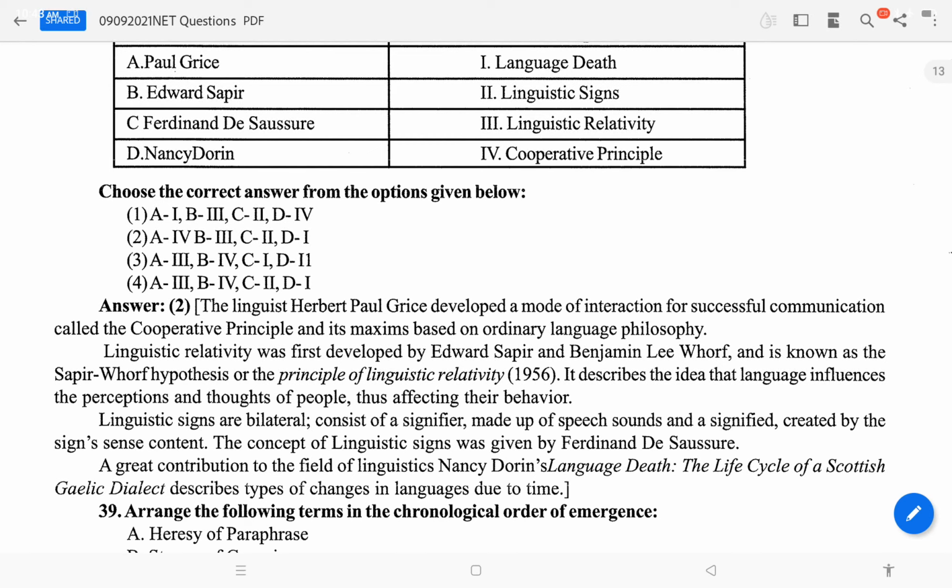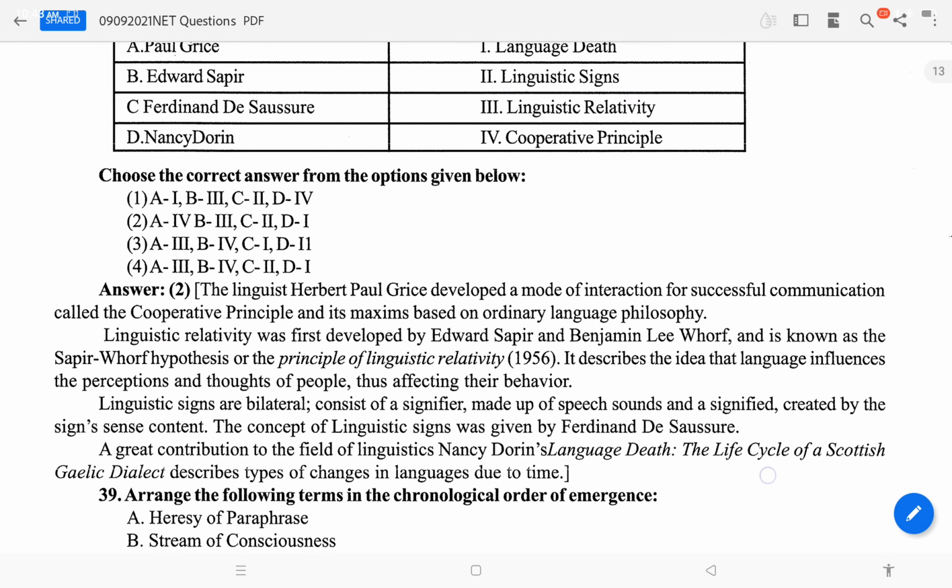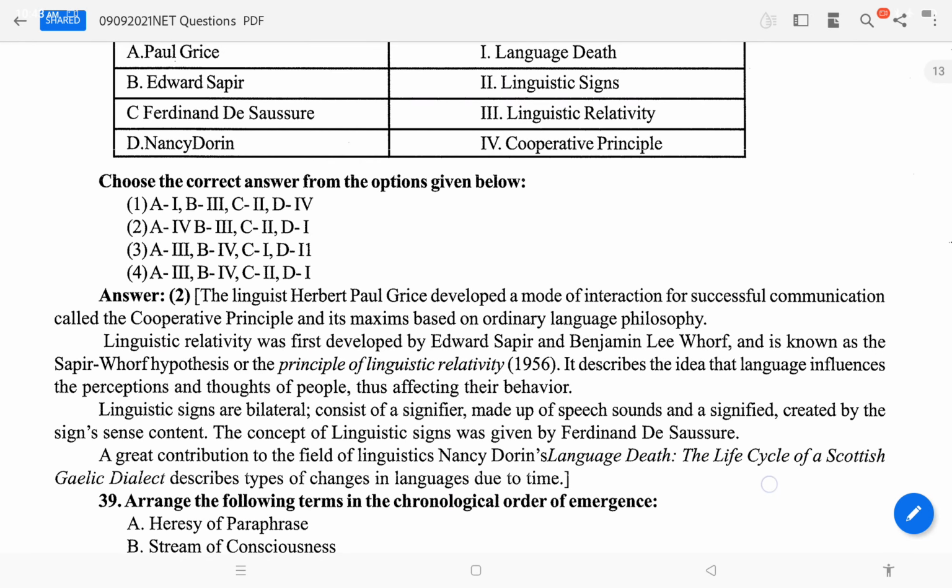Linguistic relativity was developed by Edward Sapir and Benjamin Lee Whorf, and is known as the Sapir-Whorf hypothesis. So, Edward Sapir with linguistic relativity. In 1956, it describes the idea that language influences the perception and thought of people, thus affecting their behavior.